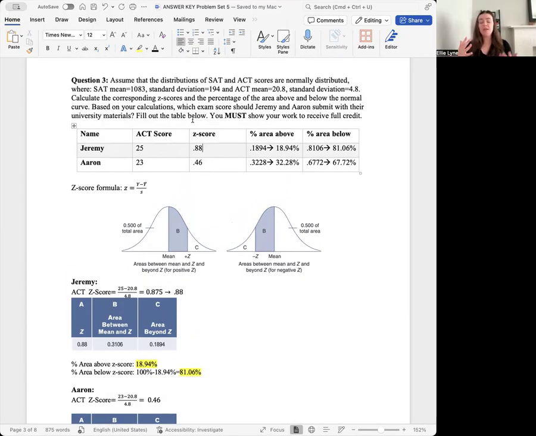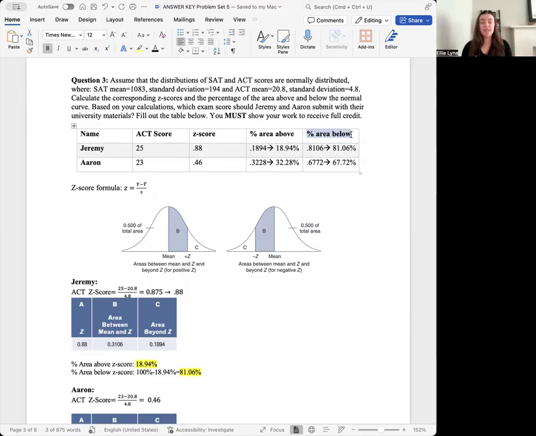Now, this next part can be a little bit tricky, so I want to take a step back and make sure that I'm explaining this thoroughly, because this is certainly the area where folks had the most trouble. So a couple of things here: percentage area above their scores and percentage area below their scores. There are a couple of ways we can check ourselves without doing any of the math first.